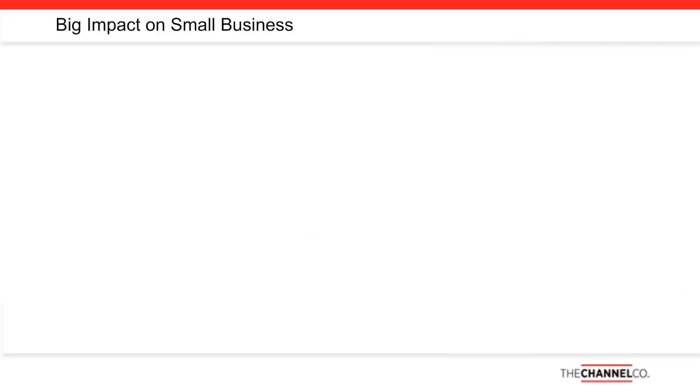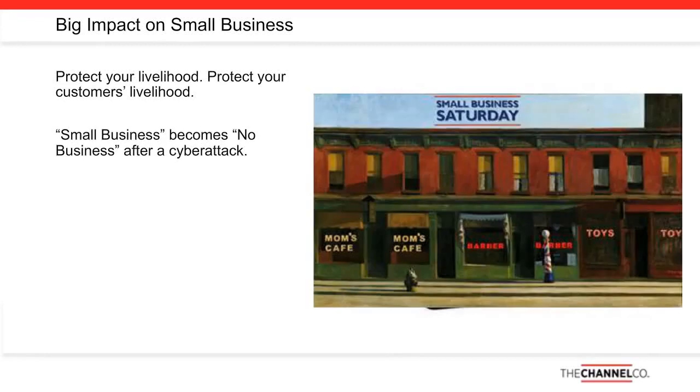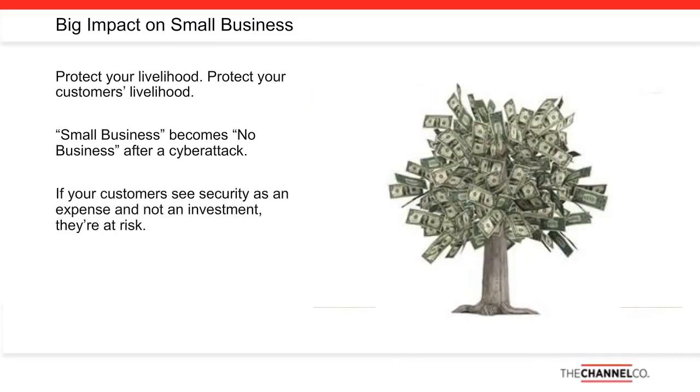So what can you do? One of the things that we've noticed, and I know George will talk some about this, is that in the small business world, you really have to protect not only your livelihood but your customers' livelihood, because a small business, when it's hit with a cyber attack, goes right out of business. And that's what happens when your customers see security as an expense and not an investment.